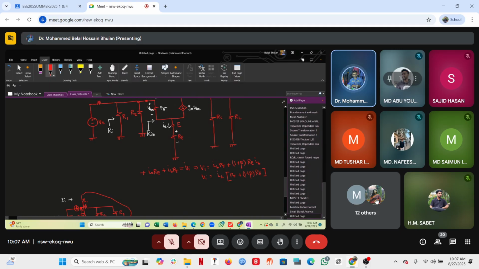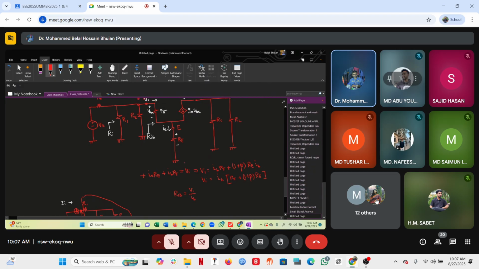So RIB must be the voltage between the terminals divided by the current. What is the current? IB.